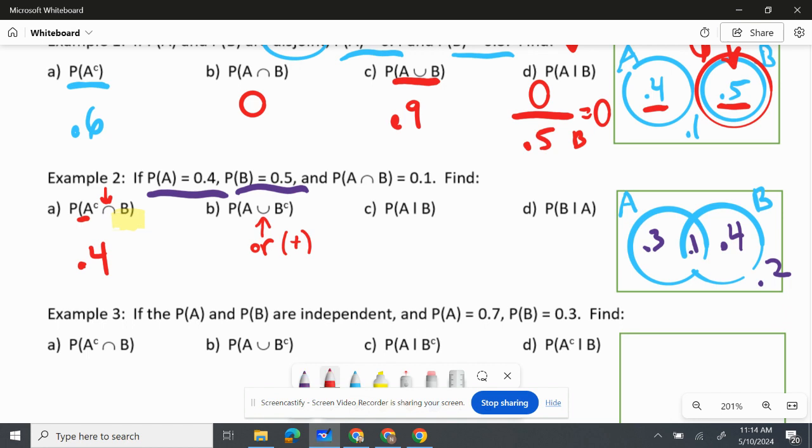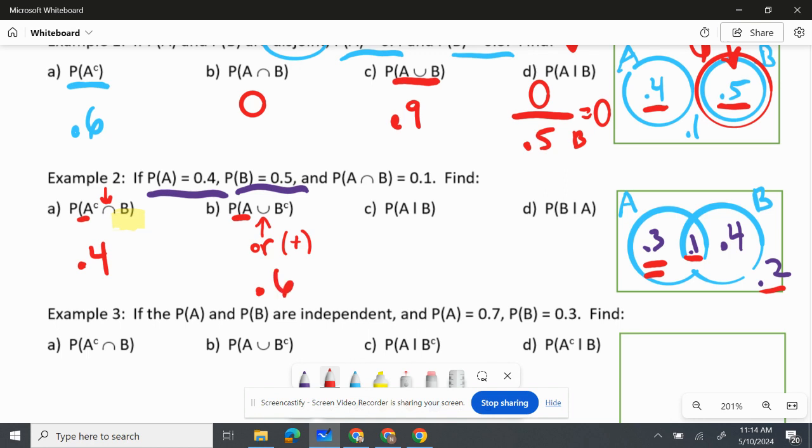A would include the 0.3 and the 0.1, and not B would include the 0.3 and the 0.2. Or means what we have all together, which would be the 0.3, 0.1, and 0.2, which would be 0.6.